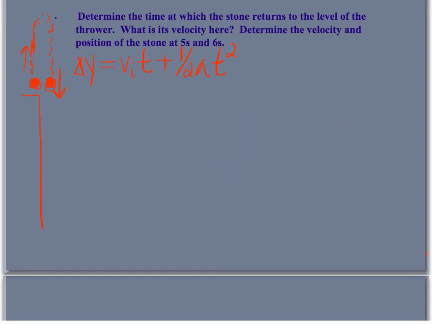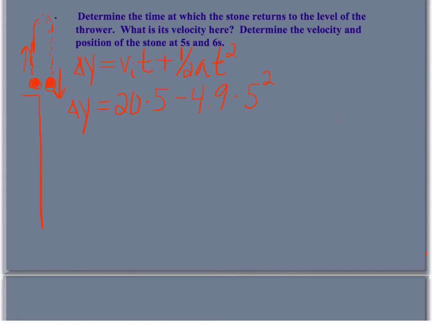For the first one, we can look at the position of the object at the 5-second point in time. So at 5 seconds into the motion, if we want to know where the object is, again, put in your initial velocity, put in the time of 5 seconds, half of negative 9.8 is negative 4.9, and again, my time that I'm using is 5.